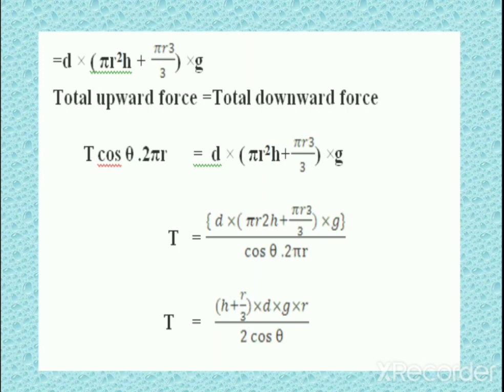Here we have to find surface tension T. So by using these equations, we get surface tension T is equal to h plus r by 3, into d into g into r upon 2 cos theta. Now if we neglect the water in the meniscus, then we get the equation T is equal to h d g r upon 2 cos theta. In this way, we got the equation for surface tension by using the capillary rise method.